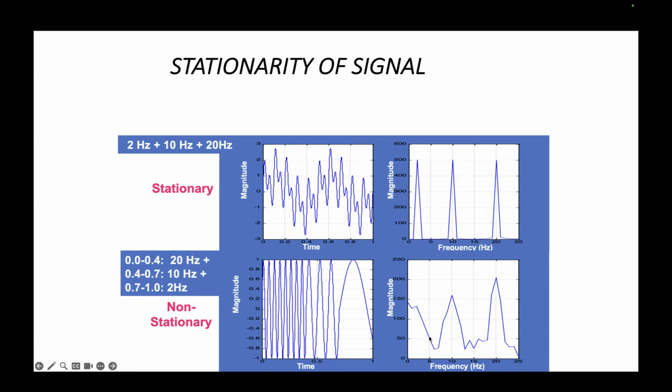But when we look at the Fourier transform, we again see three main peaks, one at 2, one at 10, and one at 20. By looking at these frequency domain representations, we cannot tell what the time domain signal is and what frequency content is where in the time domain signal. This is the biggest limitation of Fourier transform.